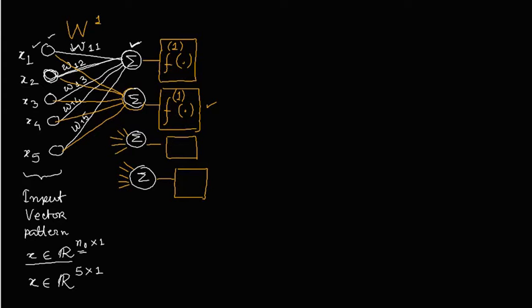This matrix we represent as W1, where the superscript represents the first layer. And whatever we are getting here as the weighted sum, we call the activity level vector for layer 1.